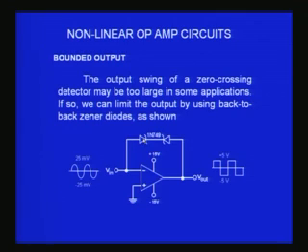The total voltage will be 5 volts, and therefore you will get the output swing from plus 5 to minus 5. So this comparator with two Zener diodes in opposition connected in the feedback can be used to limit the output to any desired value by choosing Zener diodes with proper breakdown voltages.